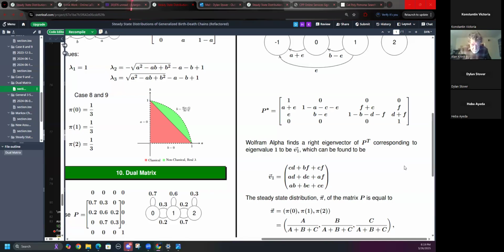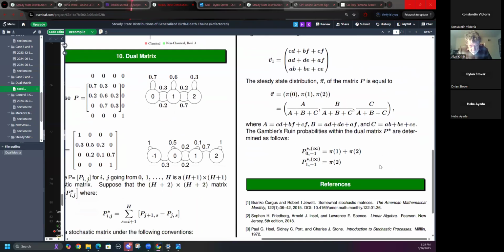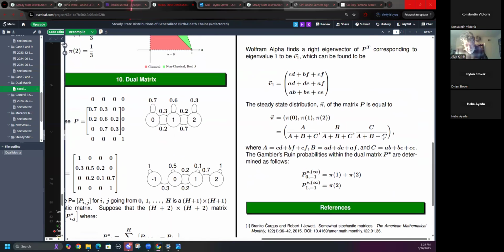And here's a cool connection. Scroll down a little further. If you're interested in the dual, if you're starting at a state in this dual, say at 0 or at 1, and you're trying to figure out the probability of being absorbed at -1, it turns out to be the sum of some of those steady state distribution of the original.